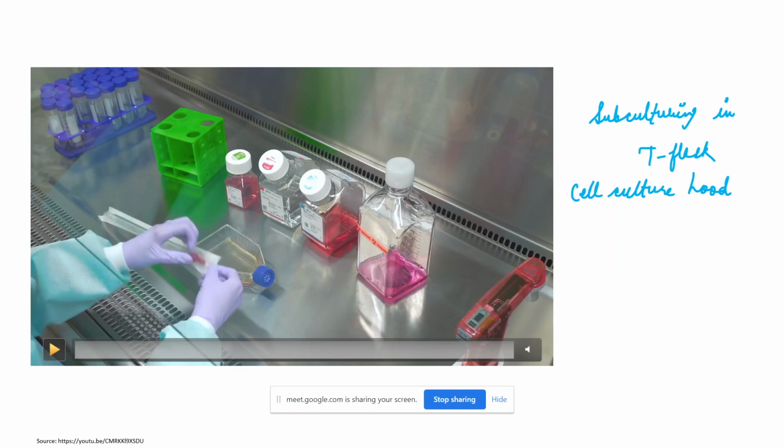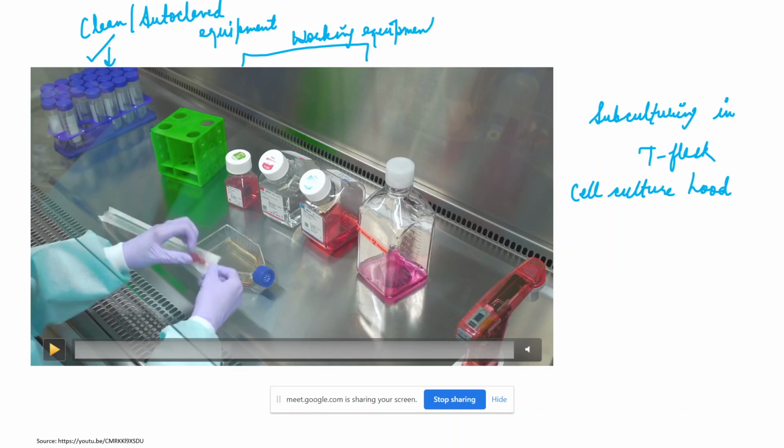And here, in the previous assignment, we talked about the basic flow of the cell culture hood. In this area, on the extreme left side, you should have your clean or autoclaved equipment. Then in the middle, you should have your working equipment, because this will be your working area.